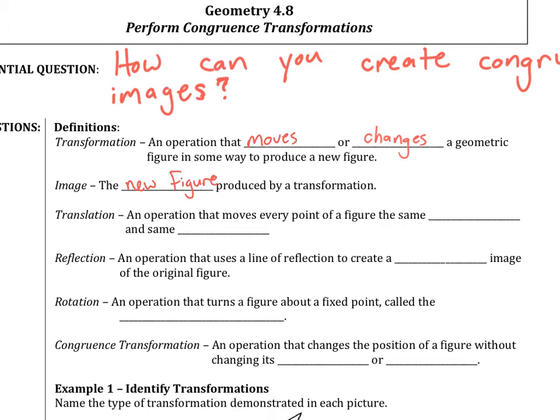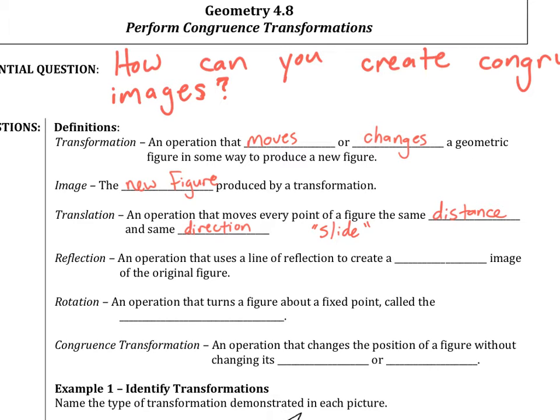A translation is an operation that moves every point of a figure the same distance and same direction. Okay, this is basically a slide of the figure.